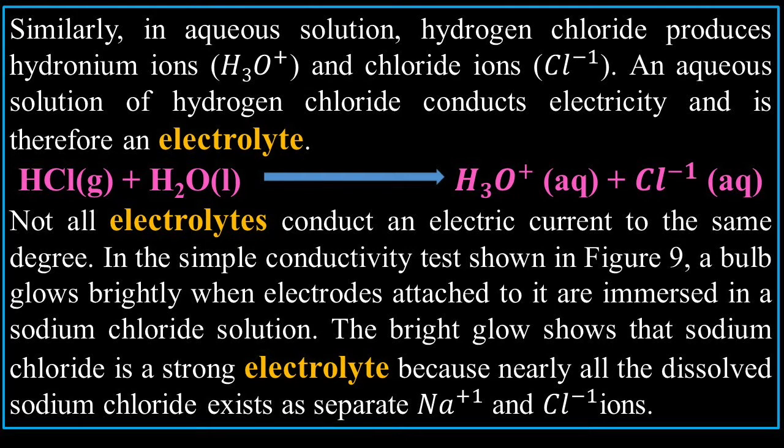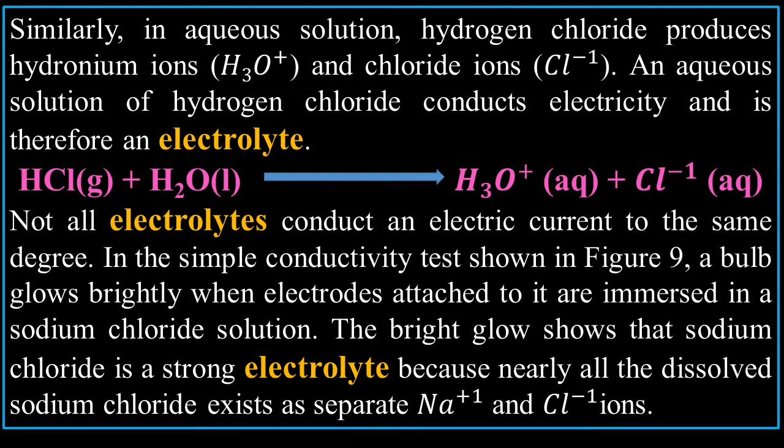Similarly, in aqueous solution, hydrogen chloride produces hydronium ions and chloride ions. An aqueous solution of hydrogen chloride conducts electricity and is therefore an electrolyte. Not all electrolytes conduct an electric current to the same degree.